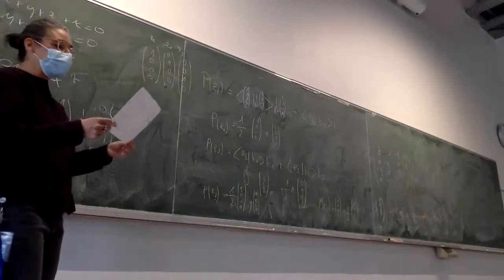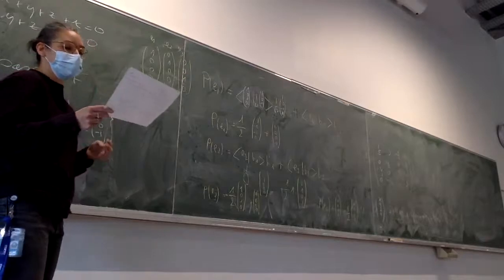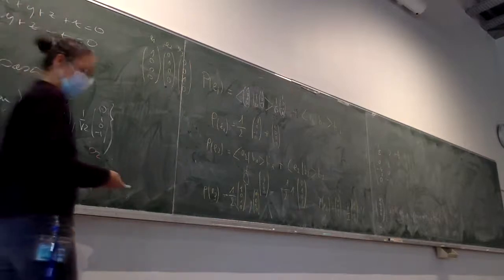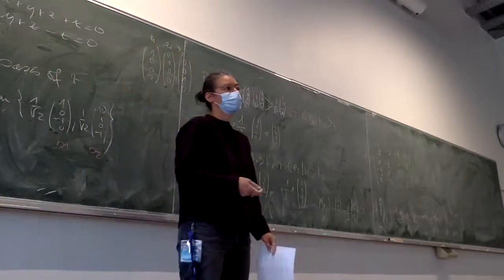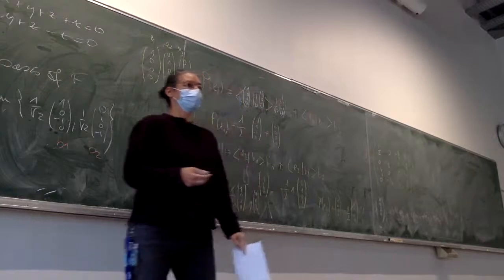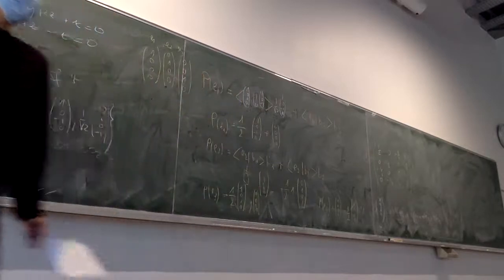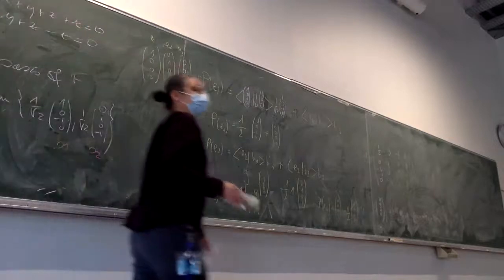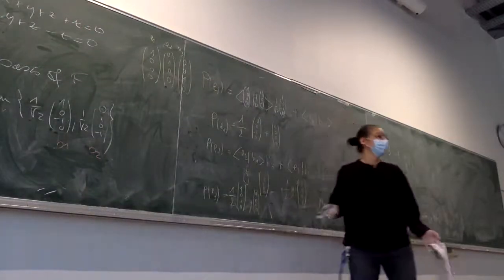So calculate the distance between any elements in R4 and F. Can I erase the middle of the board? Yes? So how do we define distances now that we have a scalar product, an inner product?